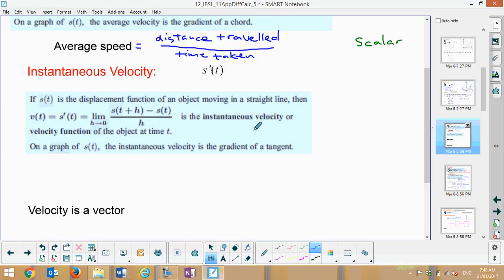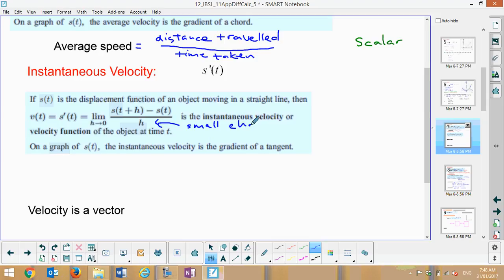Instantaneous velocity is where that whole concept of calculus comes in, where we want to come down to a small change in time. We do that calculus from first principles, but we'll always use our rules.